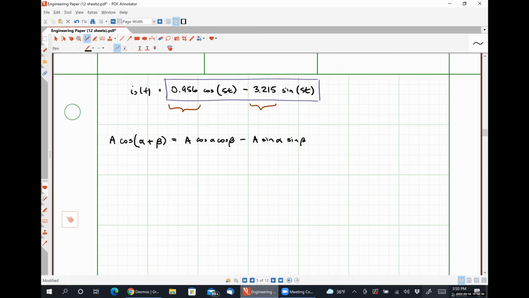So if beta is equal to 5t, this 0.956 represents A cosine alpha. And this 3.215 represents A sine alpha.